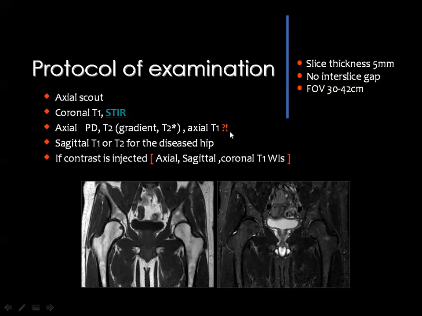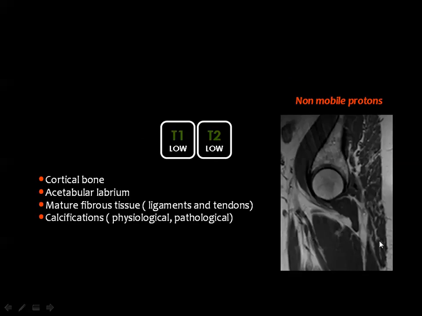Also, we have a single sagittal sequence, which I think should be the T2 for the diseased hip or for both hips if they are involved by pathology. We do not usually need to inject contrast material whenever we are evaluating sport injuries.